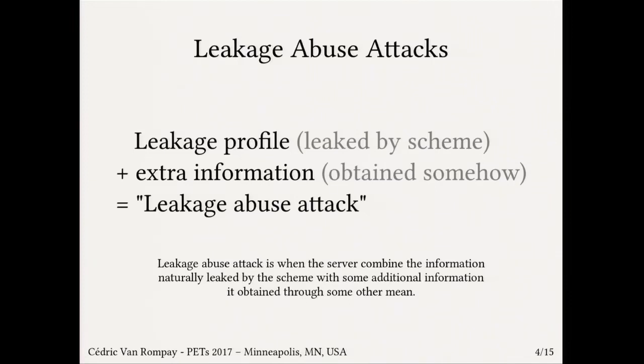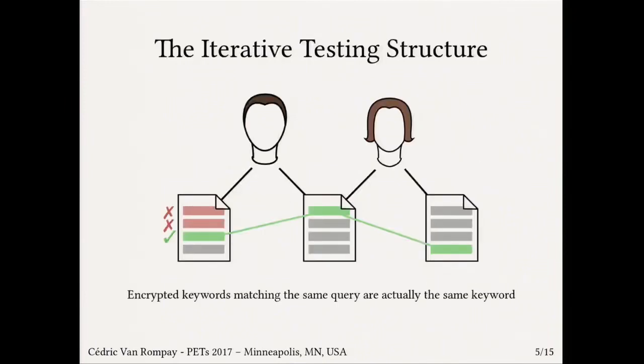There were many papers recently on leakage abuse attacks, but so far they have only been applied on single user searchable encryption. And so we applied them to multi-user searchable encryption, and it gave interesting results.